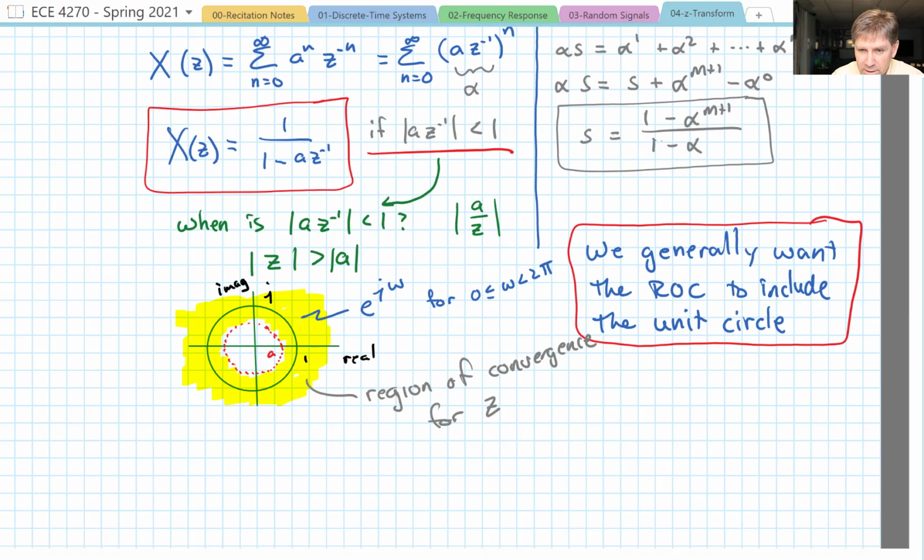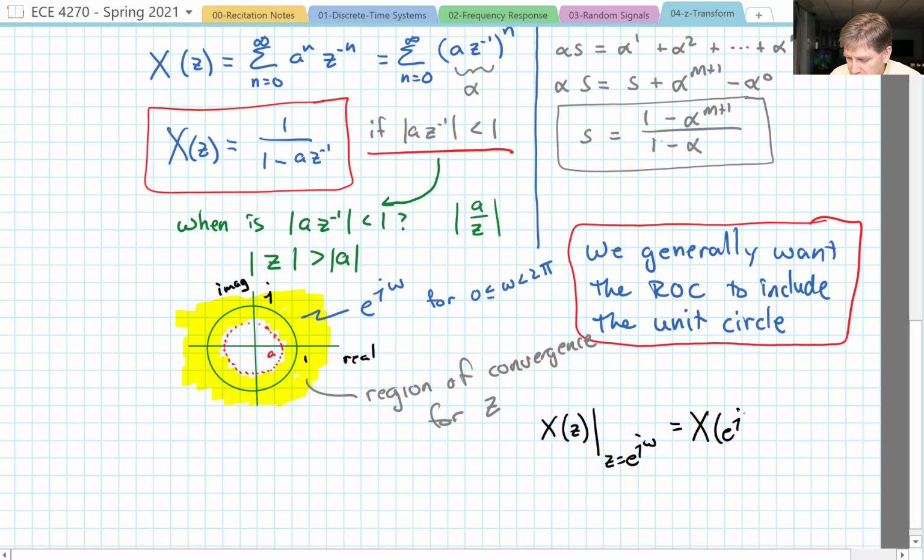we can make this substitution, which is if we take x of Z and we substitute Z is equal to e to the j omega, the negative is already taken care of, then that's equal to x of e to the j omega.